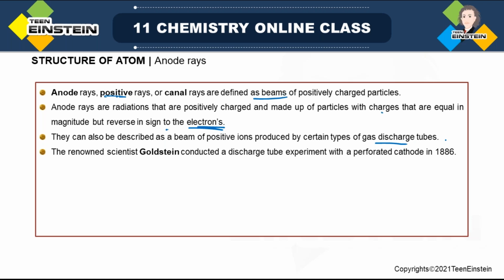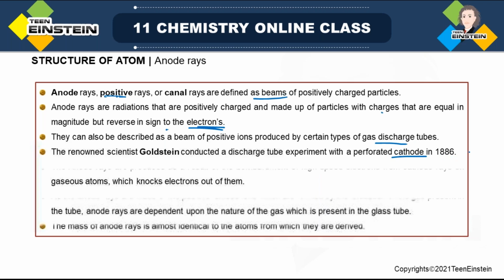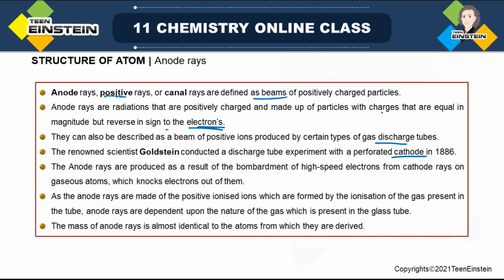That is the difference. The renowned scientist Goldstein conducted a discharge tube experiment with a perforated cathode, and the year is 1886. The anode rays are produced as a result of bombardment of high-speed electrons that are coming from cathode rays. So again, we are using high-speed electrons from cathode rays, and we are applying them on some gaseous atoms.